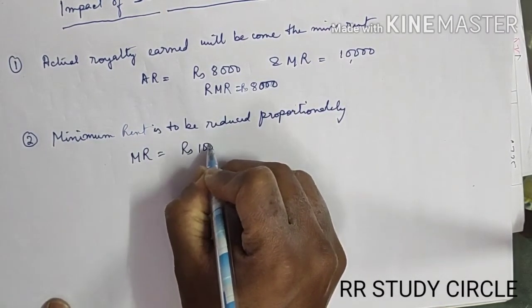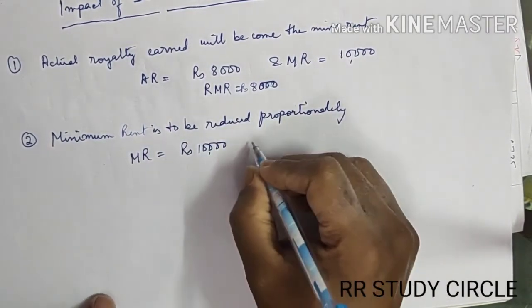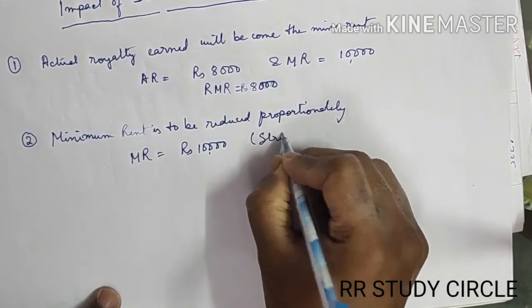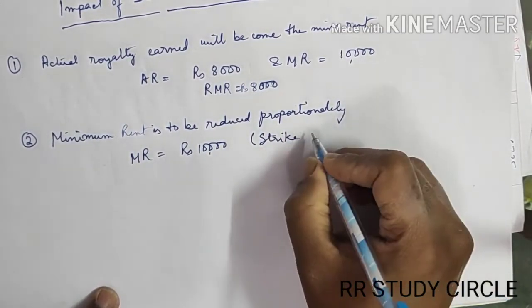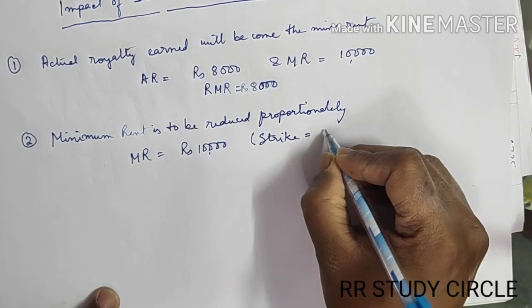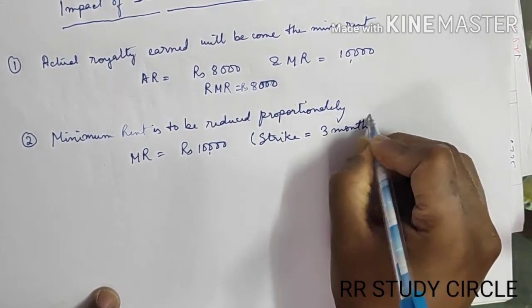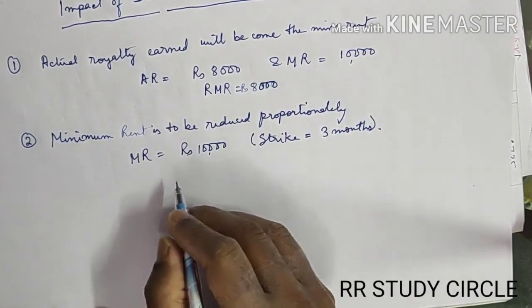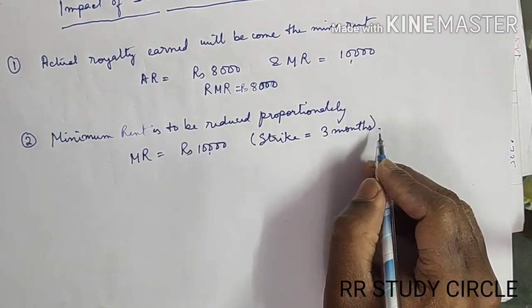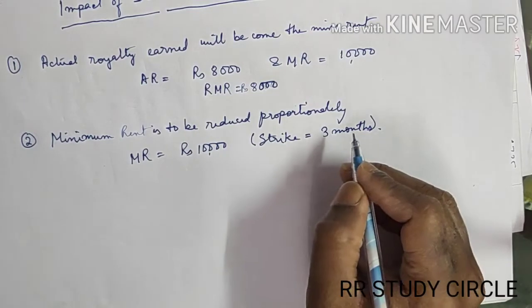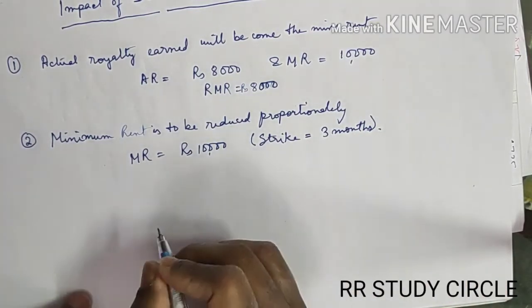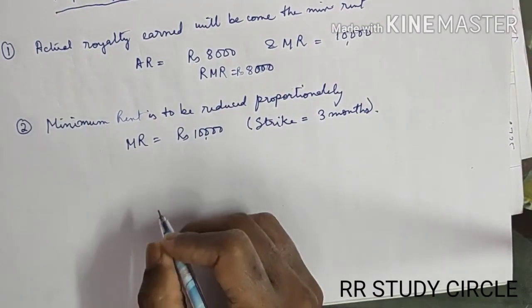It might be strike or it might be lockout. For example, the strike has taken place for 3 months. What does it mean? The work has taken place for how many months? 9 months.